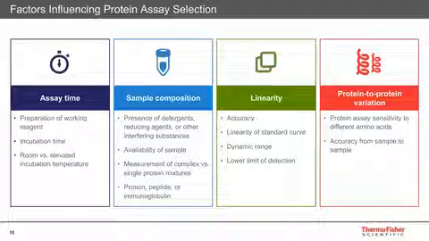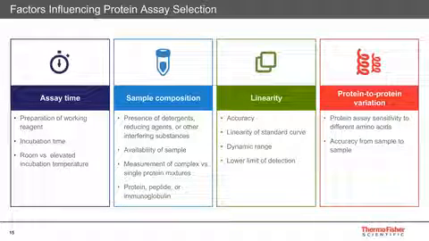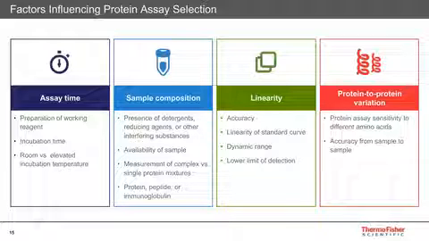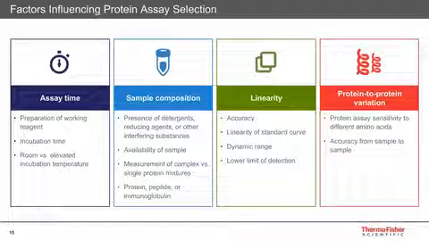In addition, we also need to consider how long the assay takes to get the results. Then, what is in your sample? Do you have detergents, reducing agents? How much sample do you have? Is your sample a single protein, a mixture of proteins, or a cell lysate? Is your sample a protein, a peptide, or an immunoglobulin?